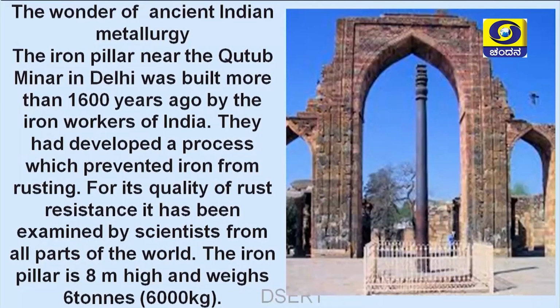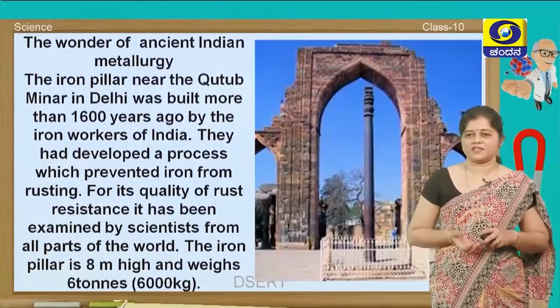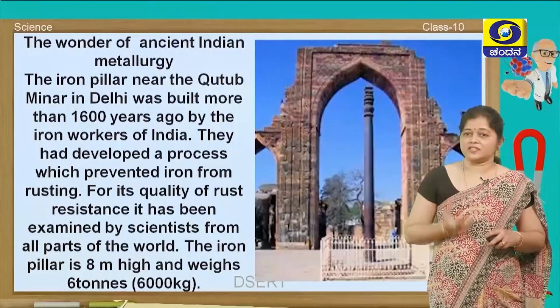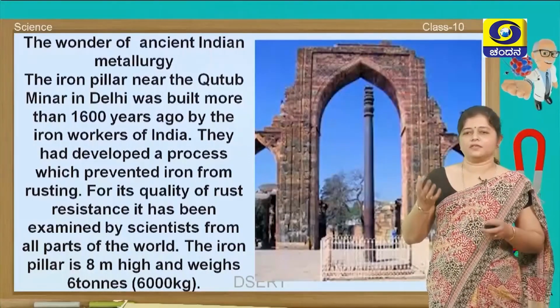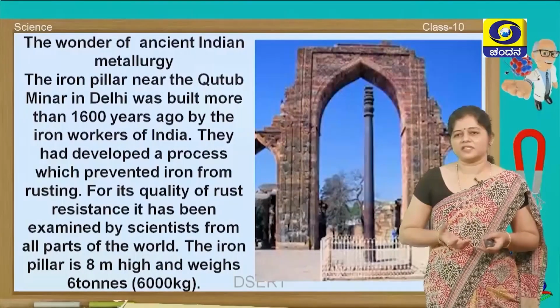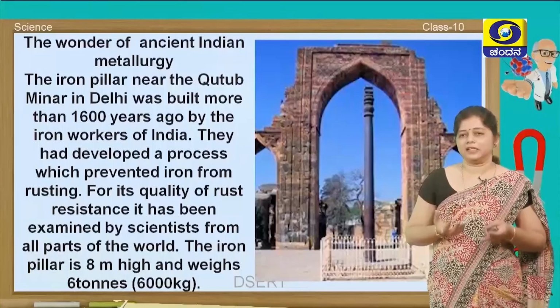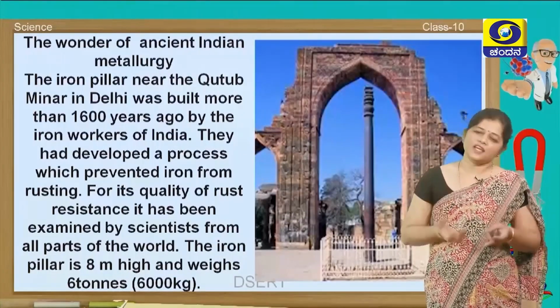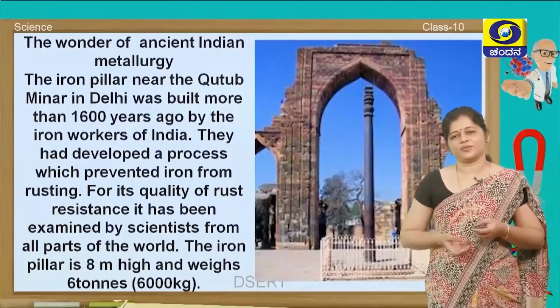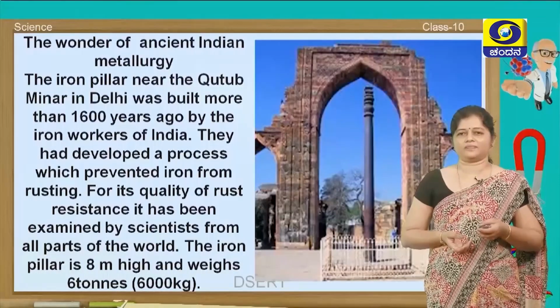For its rust resistance, it has been examined by scientists from all parts of the world. The iron pillar is around 8 meters high and weighs around 6,000 kg. But even with this huge amount of iron in it, it has not rusted till now. That is one advantage of making a metal into an alloy.